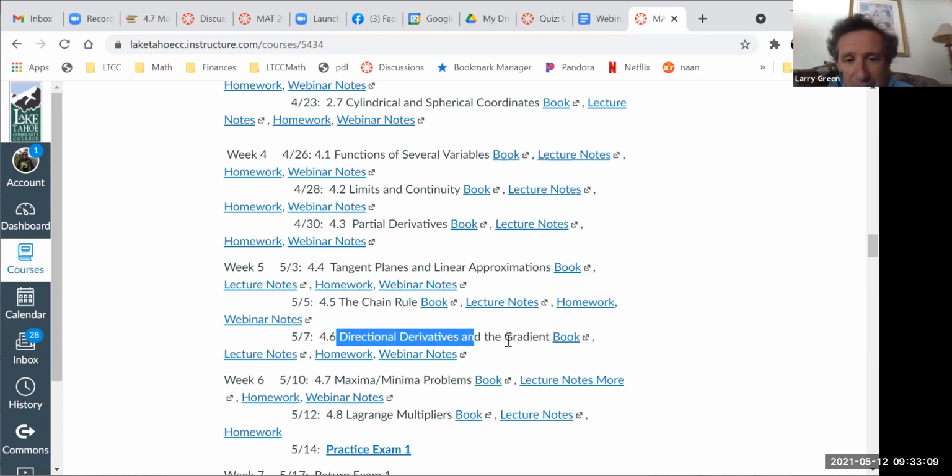Directional derivatives and the gradient, very important. So remember the directional derivative in the direction of a vector. First thing, you have to take that vector and make it a unit vector. So you started with v, now we have u, which is v over the magnitude of v. Then you take the gradient of f and you dot it with the vector u, and that gives you the directional derivative.